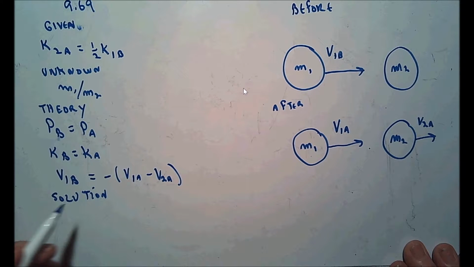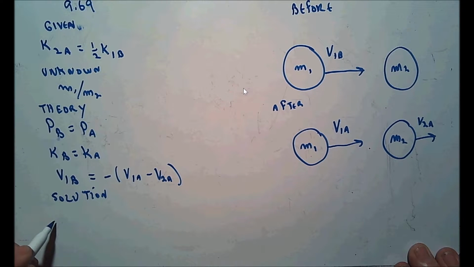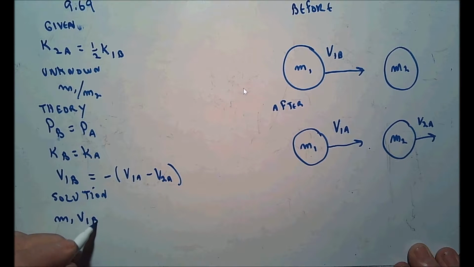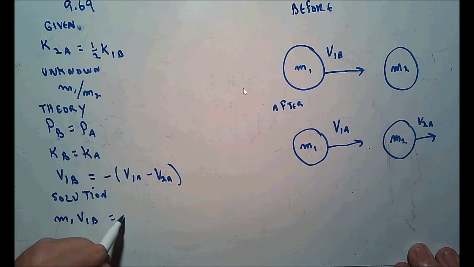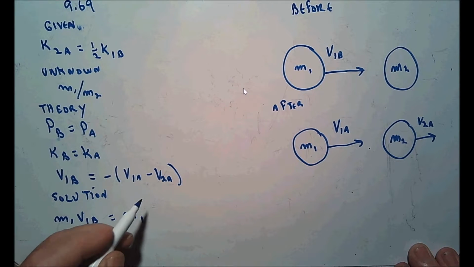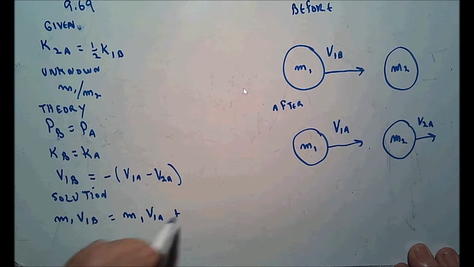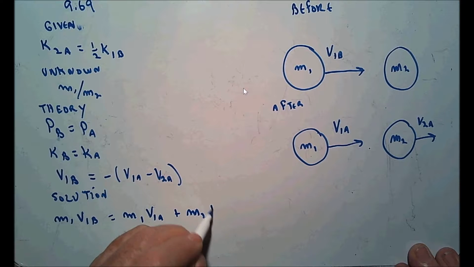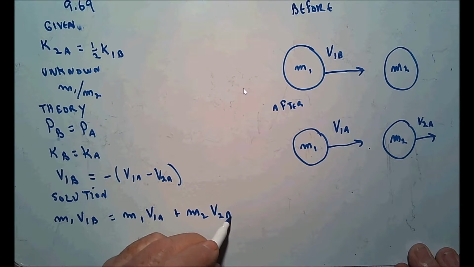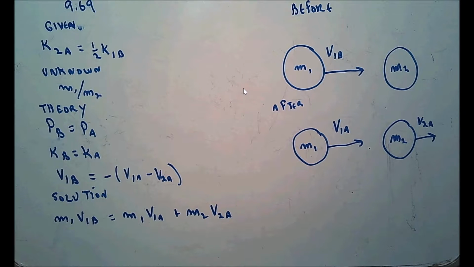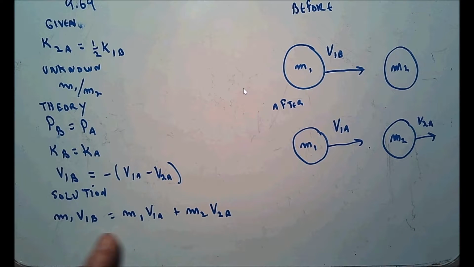If we start off with the conservation of momentum, then the mass of the first object times its velocity before must be equal to the mass of the first object times its velocity after plus the mass of the second object times its velocity after. I've got these velocities that I have to eliminate, so I'm going to use some other equations to help me do that.